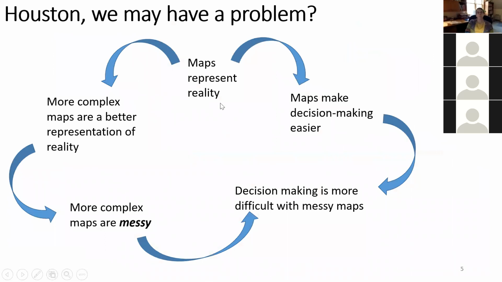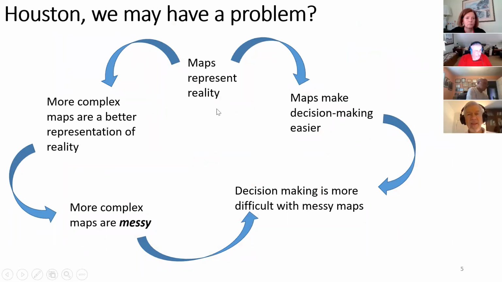So if our maps are a representation of reality, and maps make decision-making easier, then supposedly decision-making is easier with better maps, but the more effective or the more complete the representation of reality, the more complex our maps will be, and the messier those maps will be, which impedes the decision-making.